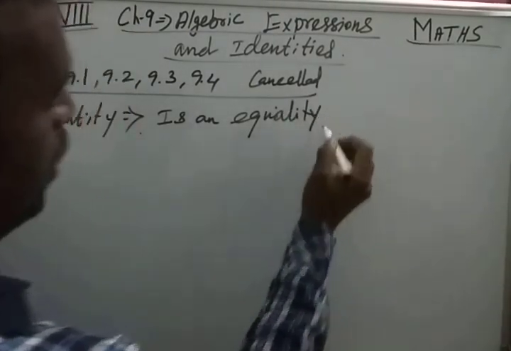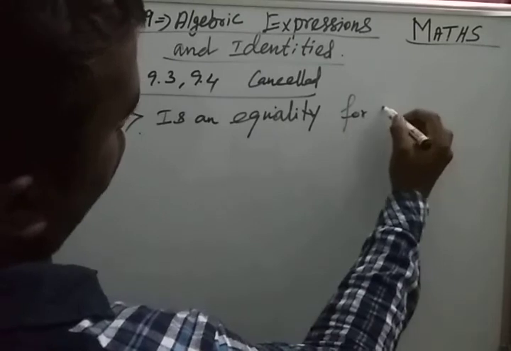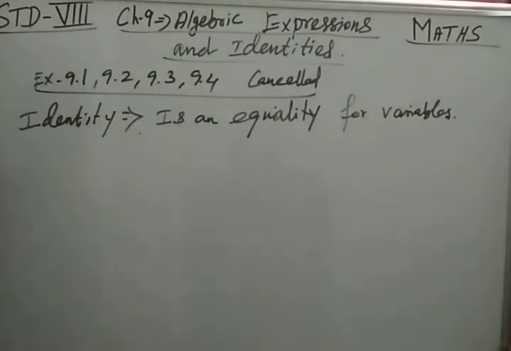Equality, E-Q-U-A-L-I-T-Y. It is an equality which is true for all the values of the variables in the equality. That's all. It is an equality for variables.